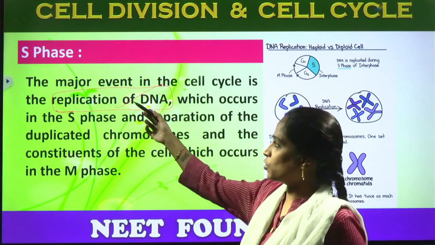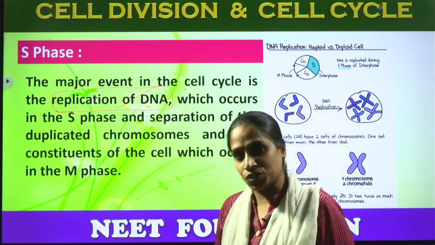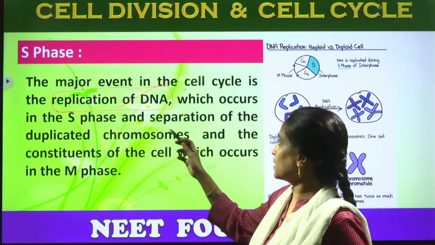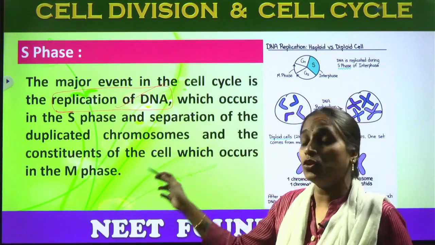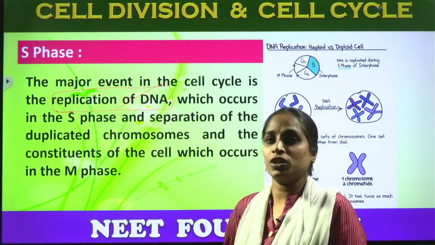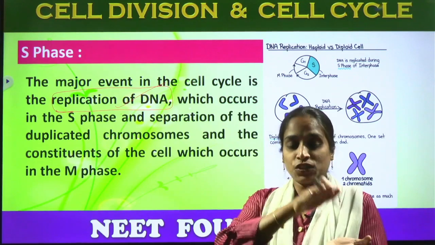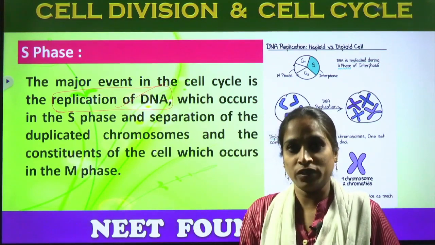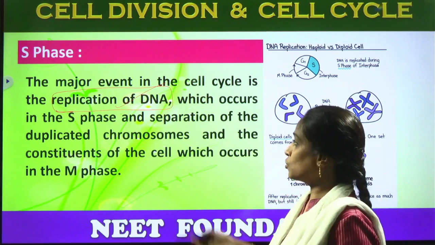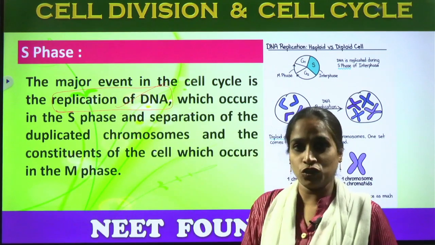So what is that process called? Replication of DNA, which occurs in the S phase, and separation of the duplicated chromosomes. Exact copies of the parental chromosomes present in the previous cell are formed in the next daughter cells. That is maintained by the replication of DNA.